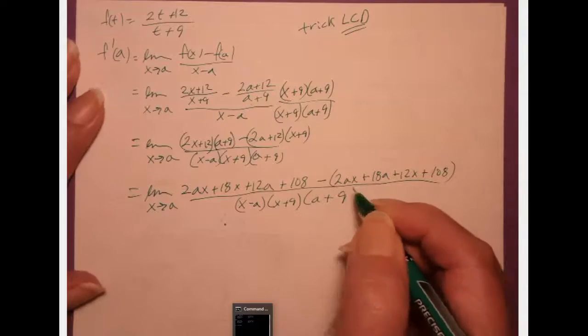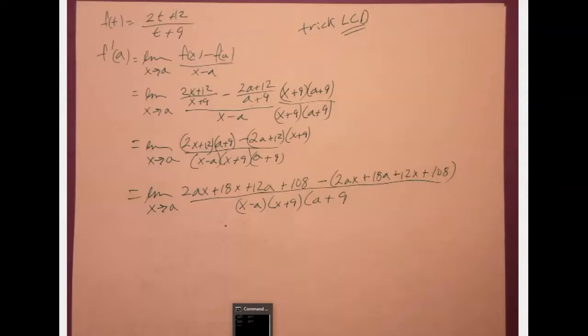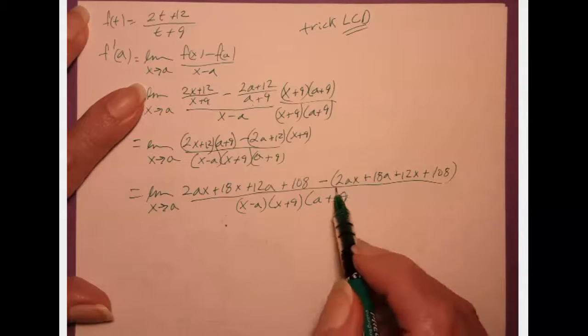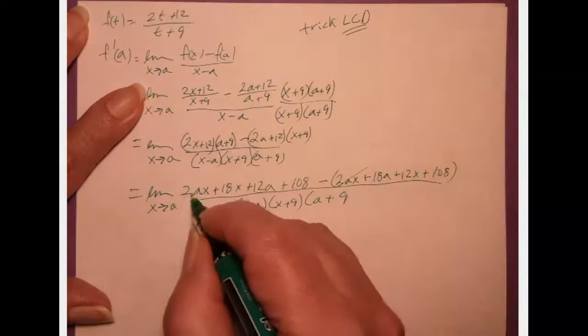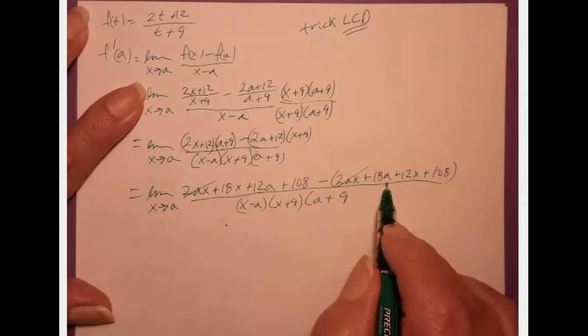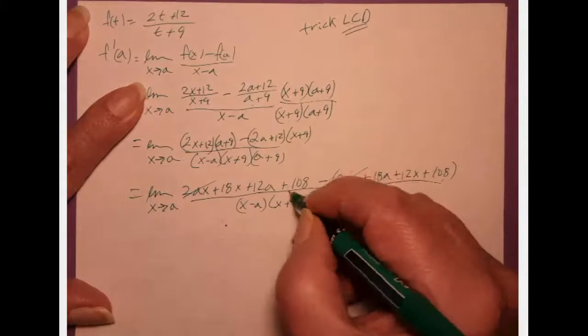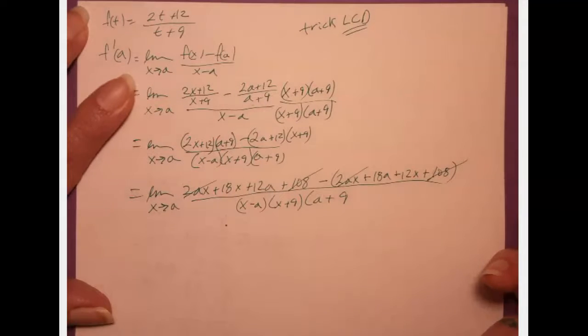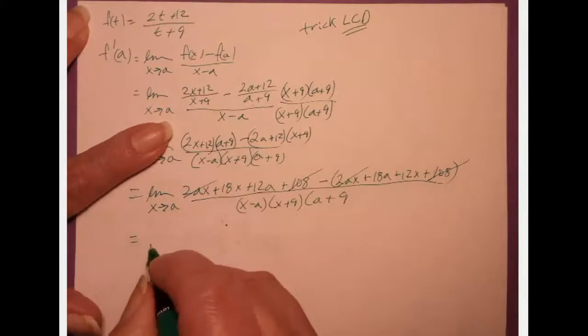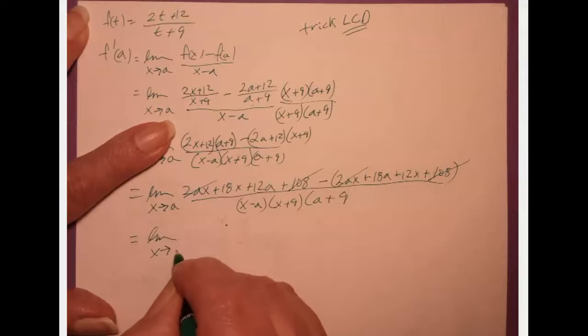Now these problems are long, but they're not difficult. Any particular one is not difficult. So what goes away here? I've got 2ax, that's going to go over this one. I've got 18a, it does not go away. Add 12x, then the 108 goes away. So I'm left with the limit as x goes to a.